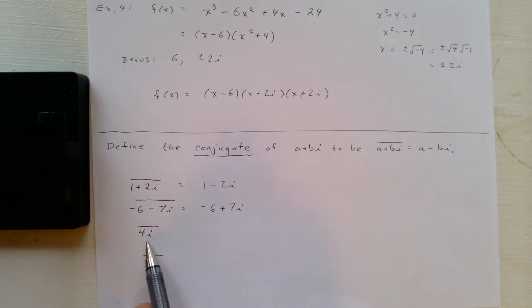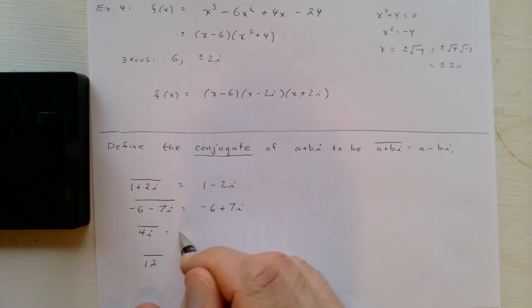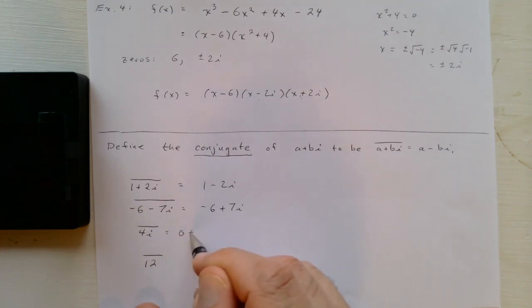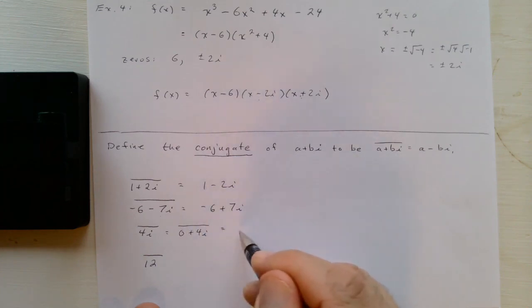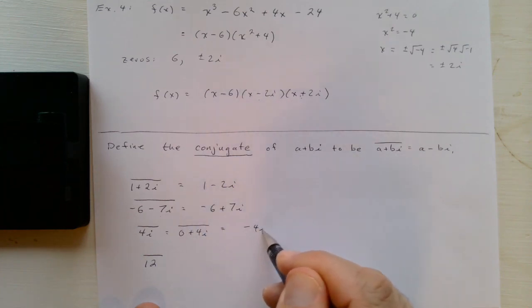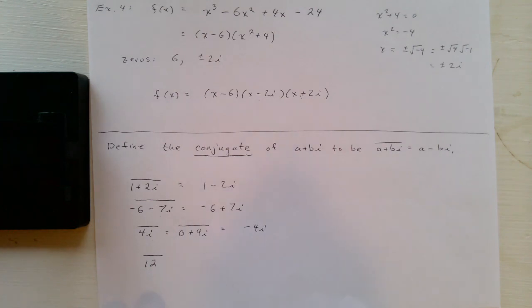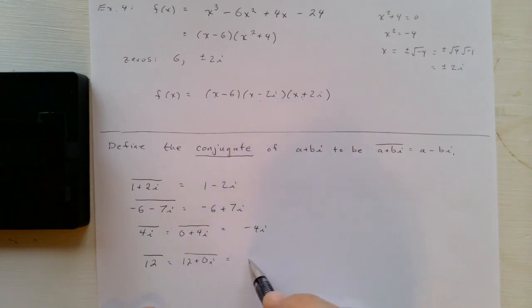Here, the real part is 0, so this would be 0 plus 4i. So the conjugate of that would be 0 minus 4i, or negative 4i. And then 12 is 12 plus 0i, so the conjugate is 12 minus 0i, which is just 12. And we'll see that the conjugate of a real number is always itself.